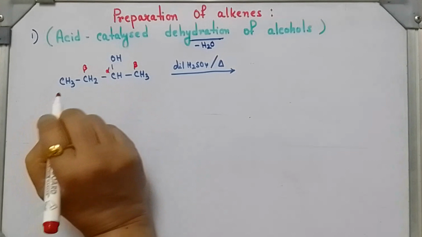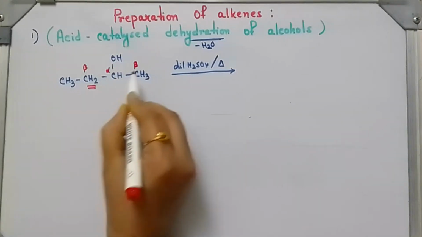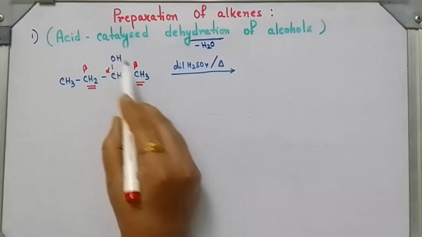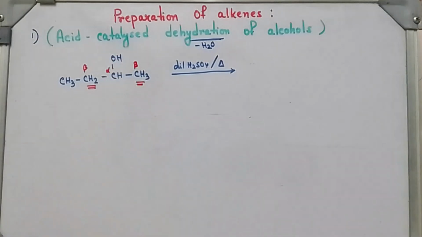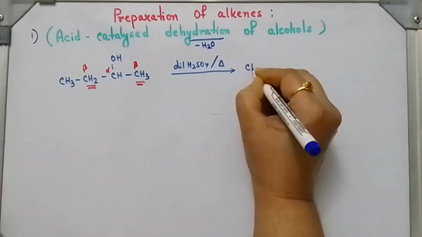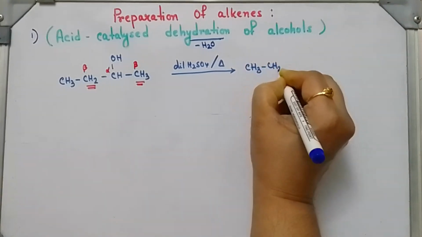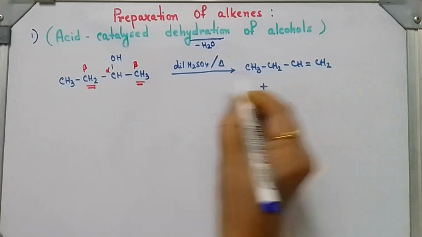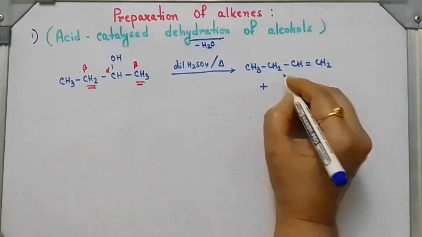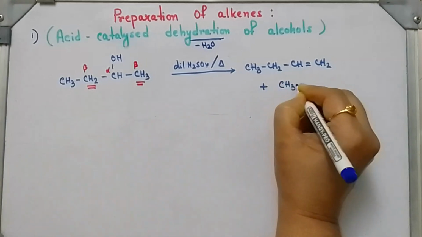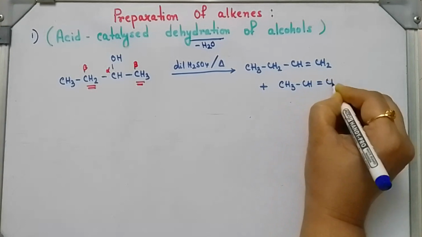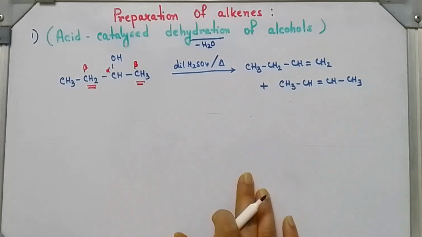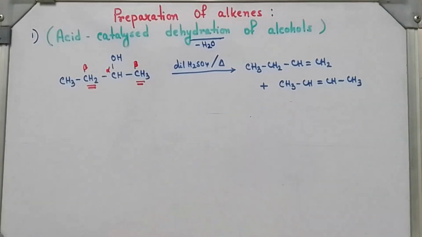So beta hydrogens are there in different environments. This OH and this H can go, and we will get CH3CH2CH=CH2. If this OH and this H go, we will get CH3CH=CHCH3. So here we will get a mixture of two alkenes.